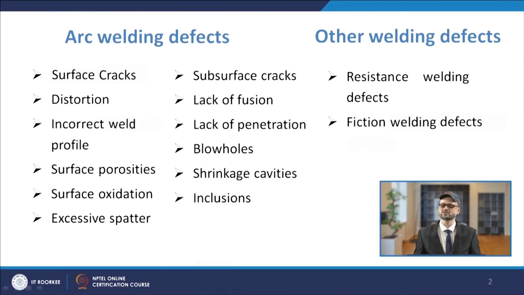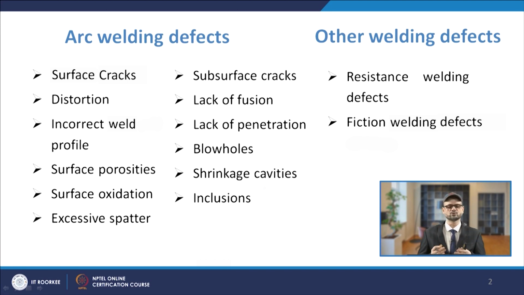So, we will have some understanding about the defects based on arc welding processes, and then also we will discuss some prominent welding defects which occur because of other welding processes, like resistance welding defects or friction welding defects.